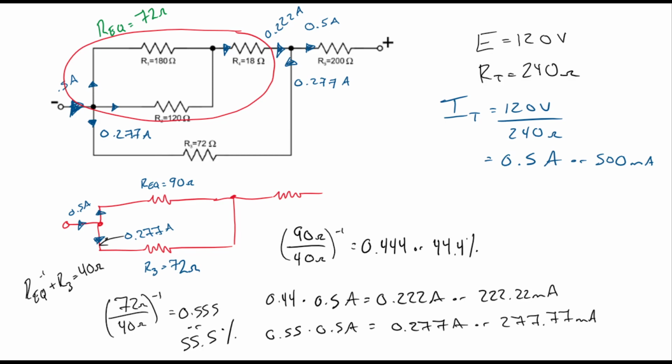Okay, I can do 180 ohms divided by 72 ohms inversely, and this is going to give me a percentage. So it's 40%. And 40% of this 0.222 amps.